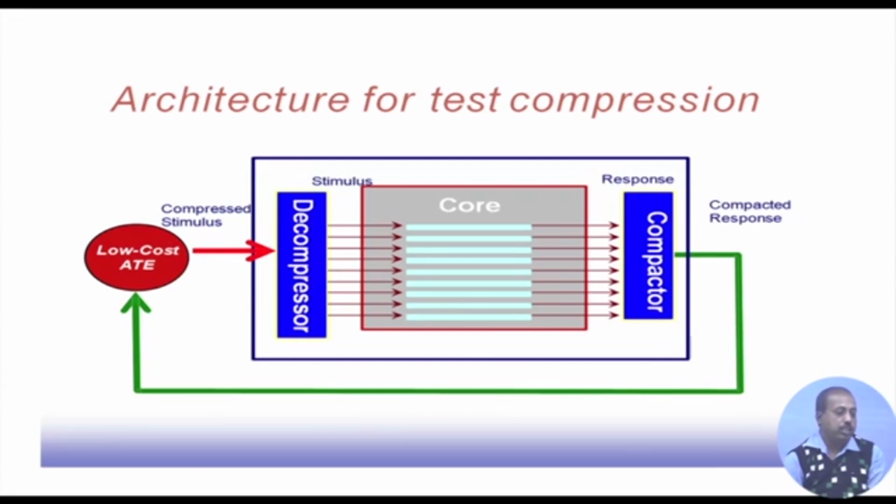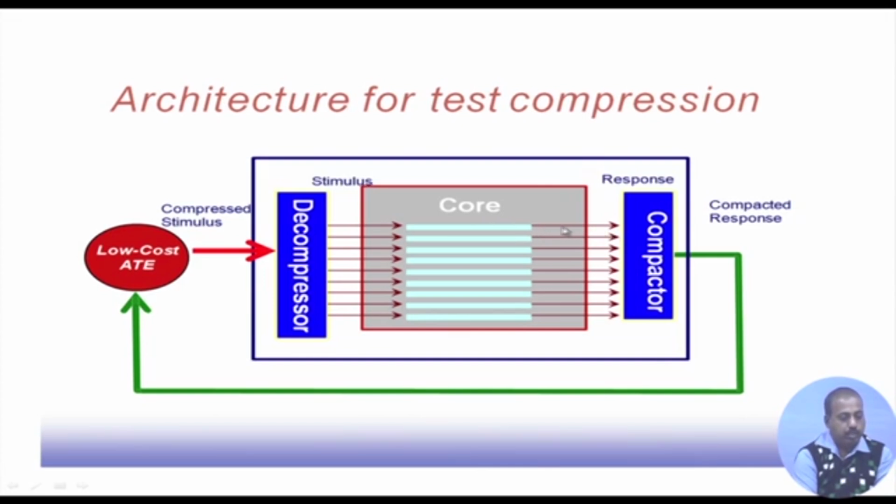So, how to do this? For that purpose, in the ATE we will store the patterns in a compressed form, the compressed stimulus. They will come to the circuit, and before they are applied to the circuit under test, they are passed through a decompressor stage. The decompressor will convert the compressed stimulus into the actual stimulus, and then the circuit gives the response.